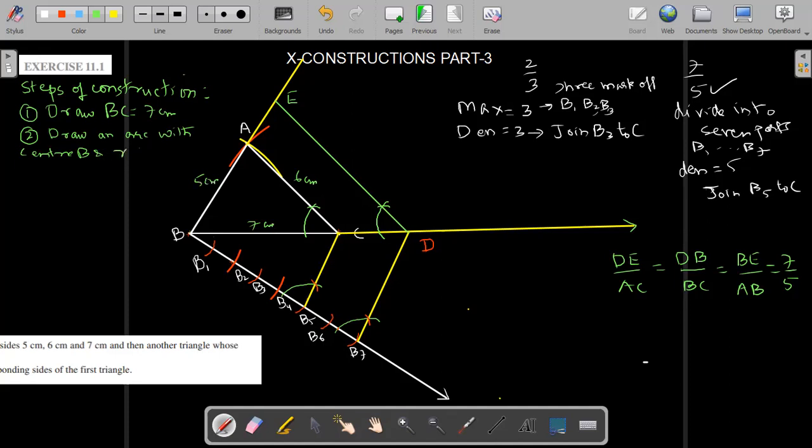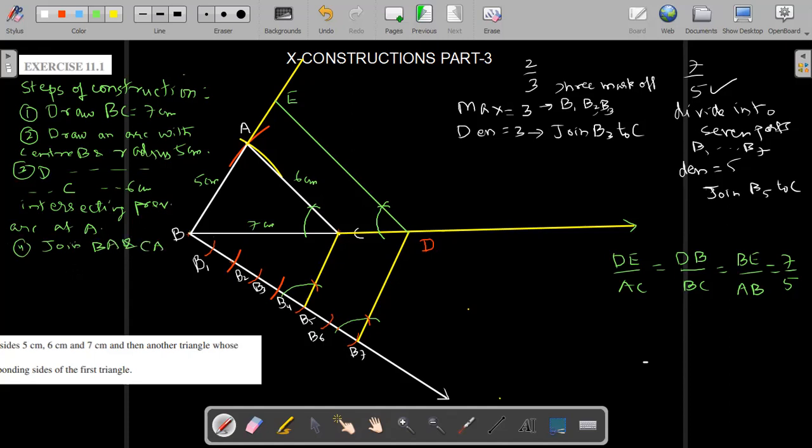With center B and radius 5 centimeters. Third, draw another arc with center C and radius 6 centimeter intersecting the previous arc at A. Then fourth step, join BA and CA.